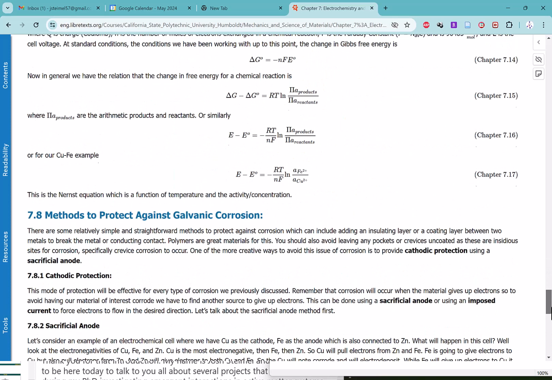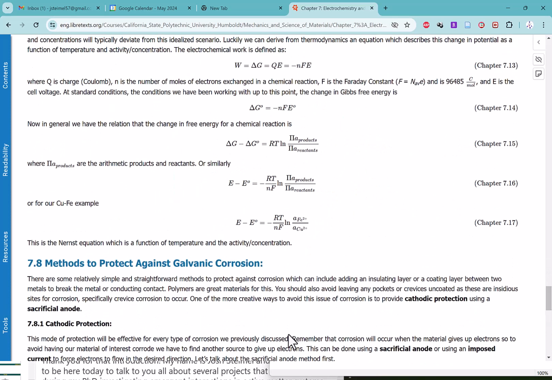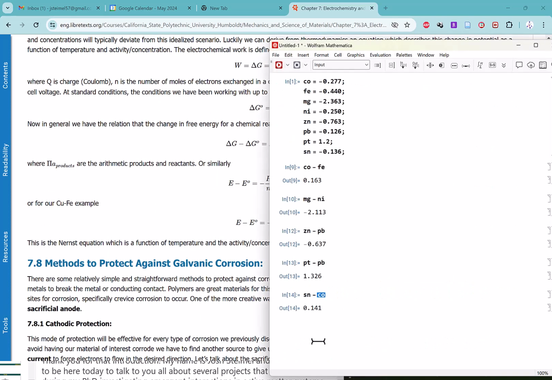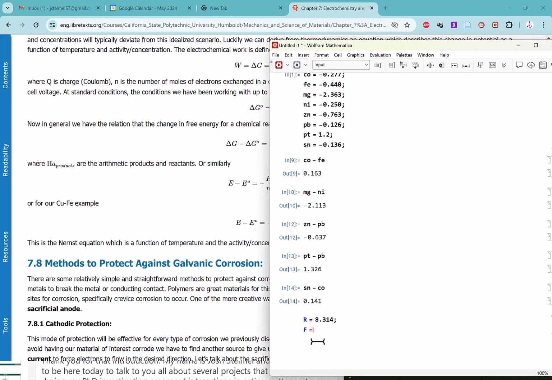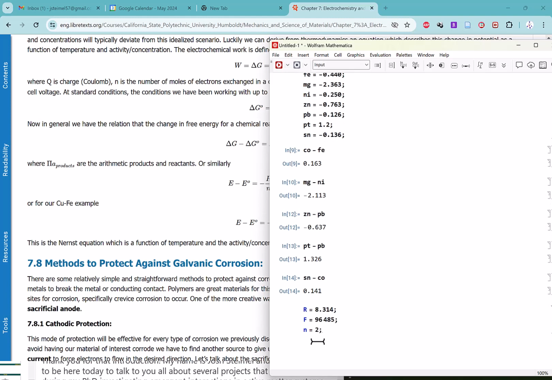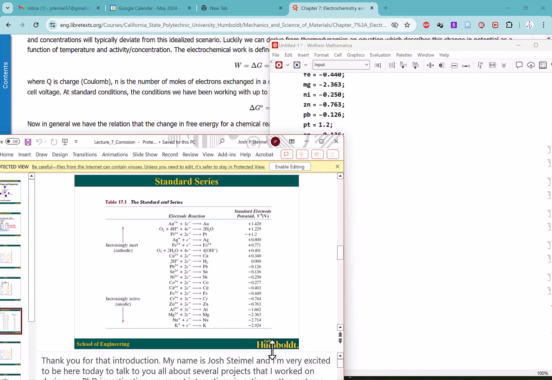The Nernst equation says minus RT over NF. So we can set up our function: first, R is equal to 8.314, and Faraday's constant is equal to 96485. And N, we're just going to assume it's always 2 for this particular problem.